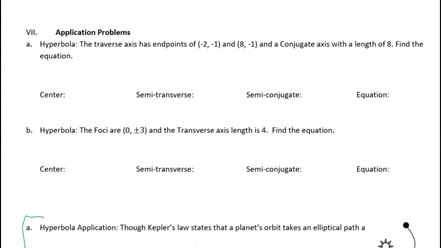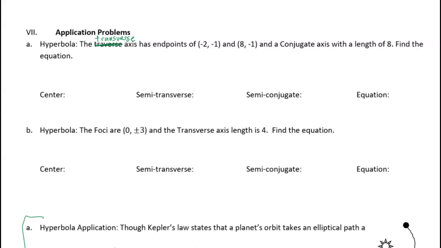But we're definitely going to do this top portion. So it says, now this is a misprint, this is transverse. The transverse axis has endpoints of -2, -1, and 8, -1, and a conjugate axis with a length of 8.